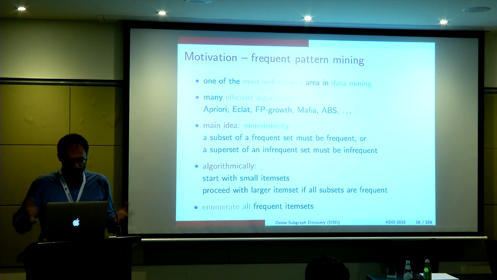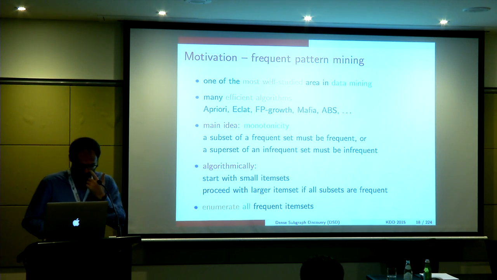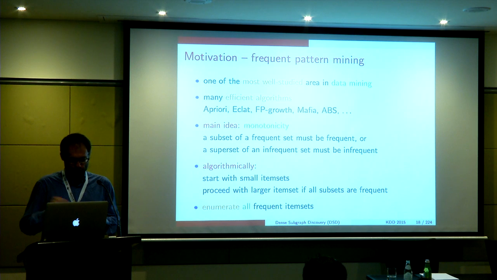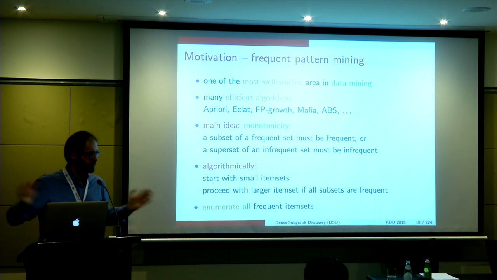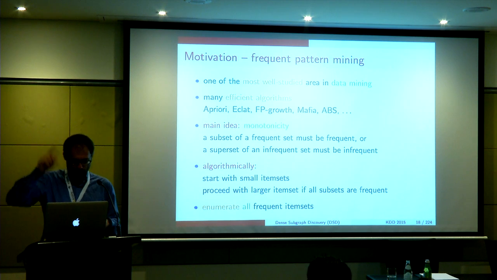This is one of the most well-studied problems in data mining. There are many efficient algorithms. Most of these algorithms use the monotonicity property, like Apriori and so on. So the idea algorithmically is that I start with small item sets, let's say only the singletons, and I know if they participate in a frequent item set, they have to be frequent themselves, and so on.